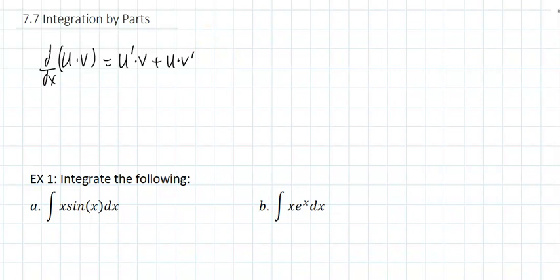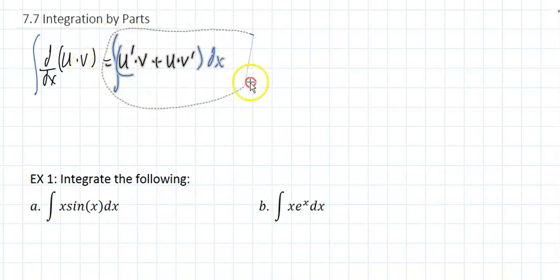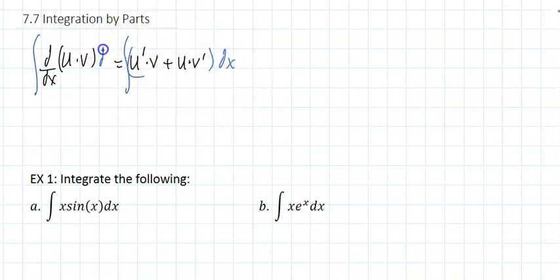And if I integrate both sides with respect to x, this would be simply u dot v, because the integral with respect to x of the derivative with respect to x, they undo each other.